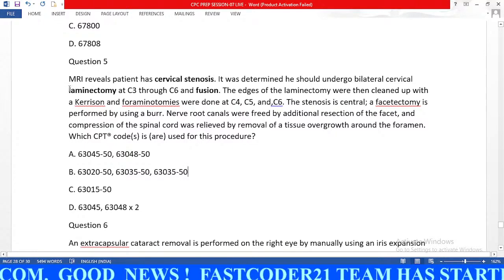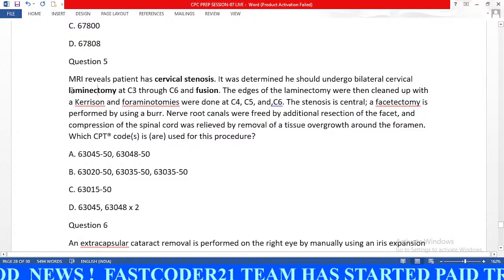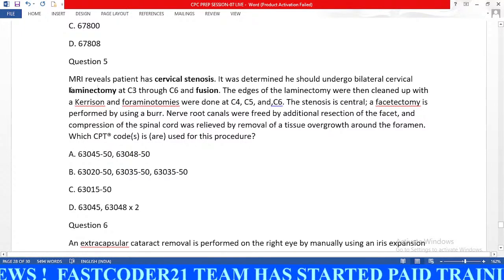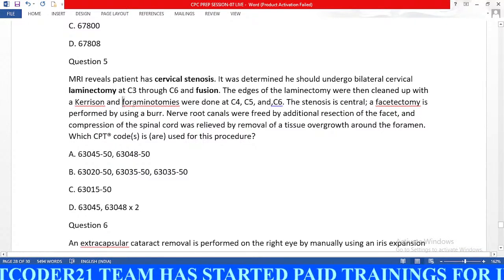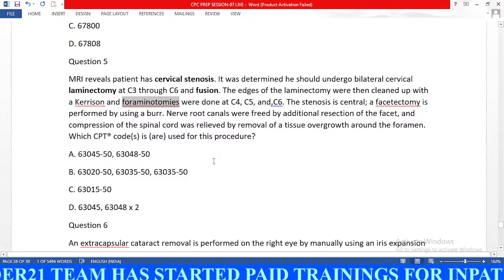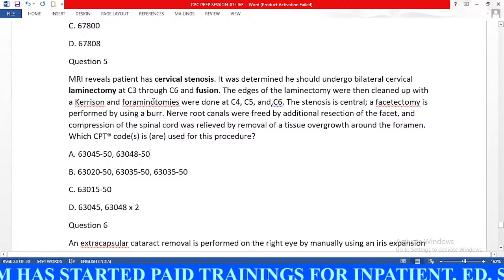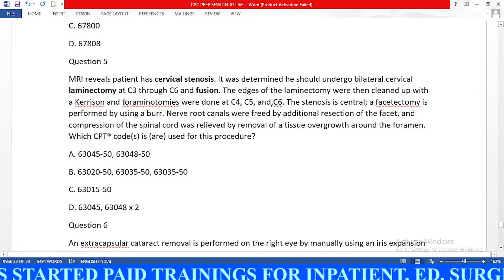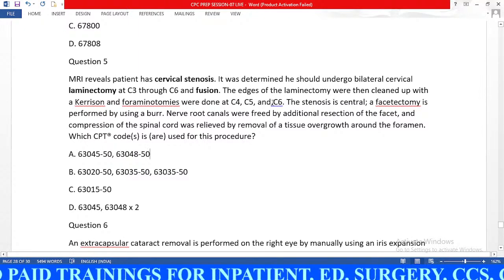So laminectomy means removal of lamina. Ectomy means removal. So he removed lamina. So foraminectomy means the physician is making incisions on foramina, done at C4, C5 and C6.